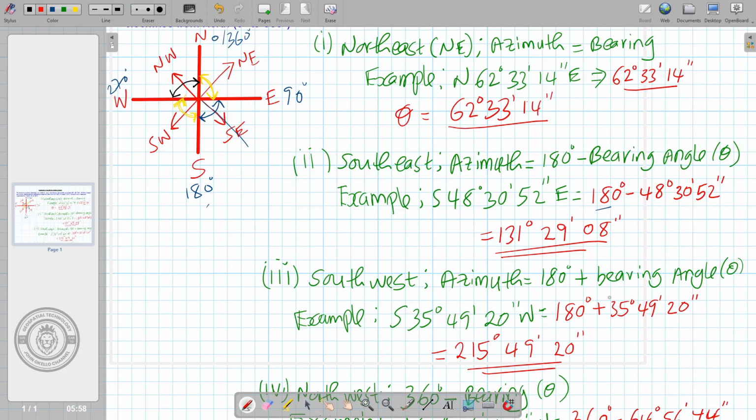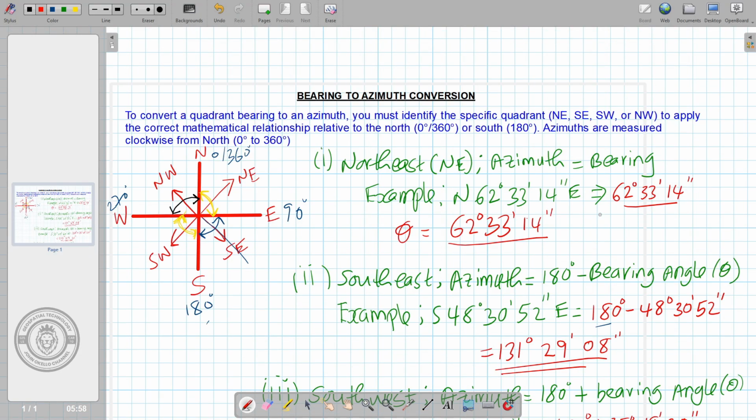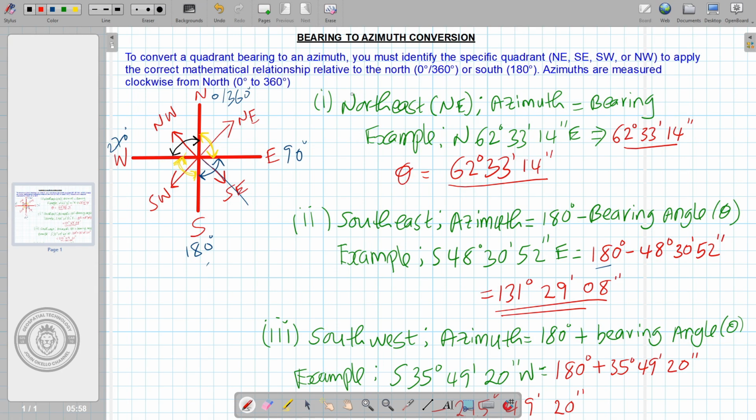So those are the rules that you can use to convert bearing to azimuth. Just remember that if a bearing falls in the first quadrant, that's northeast, the azimuth is equivalent to the bearing.